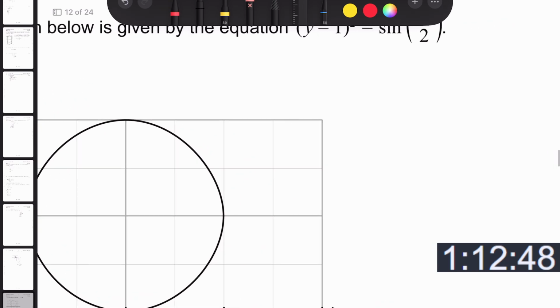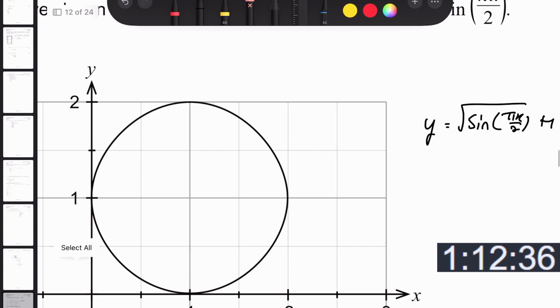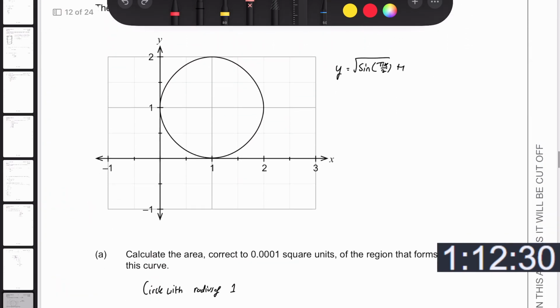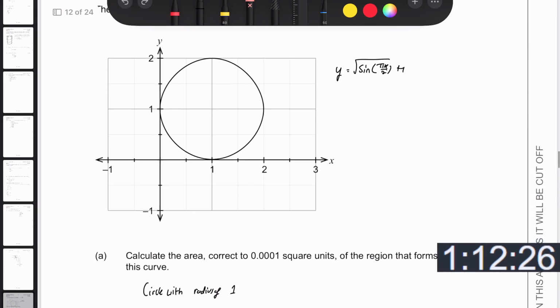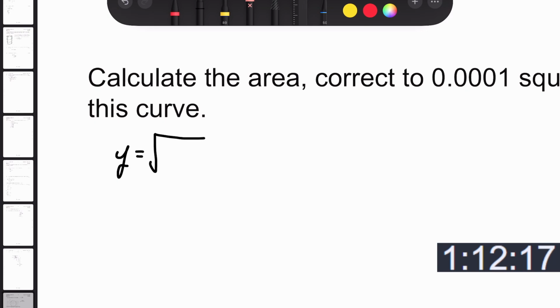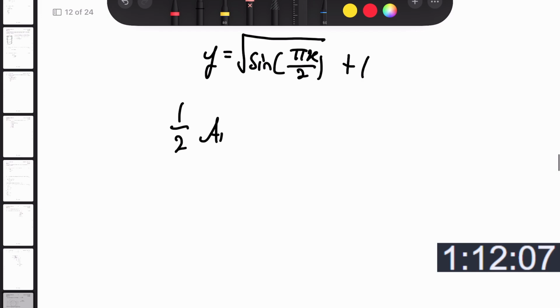Say y is equal to the square root of sine of pi x on 2 plus 1. I can go from 0 to 2, taking away all of that. The area of half, it'll be symmetrical. Okay, let's do that. So y equals the square root of sine of pi x on 2 plus 1. So then half of the area is going to be from 0 to 2.